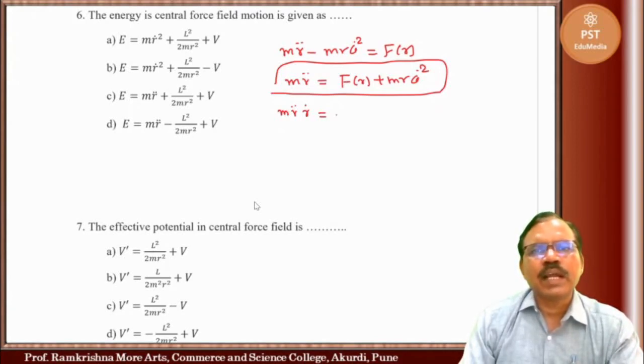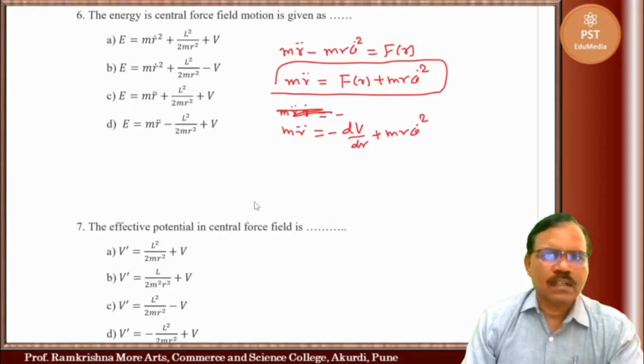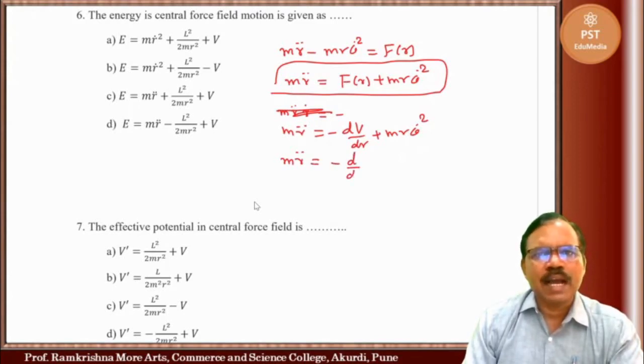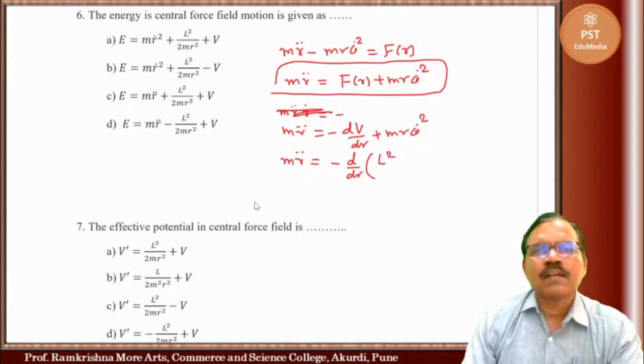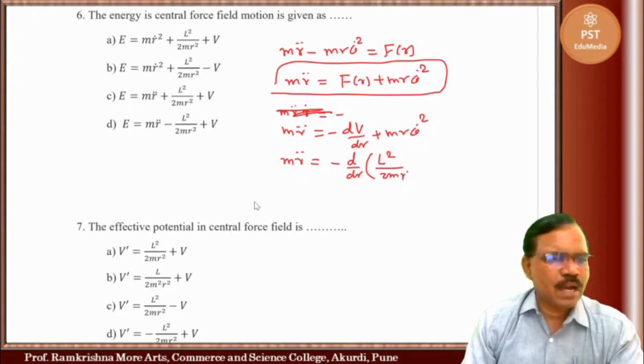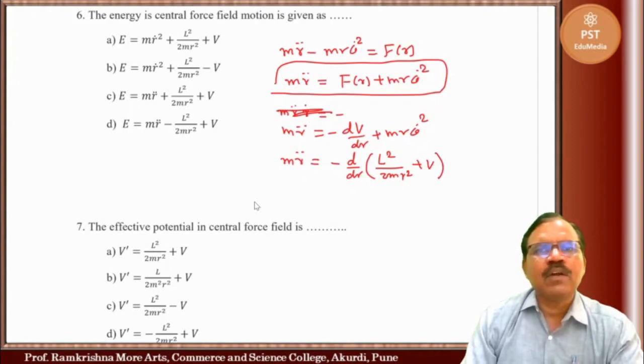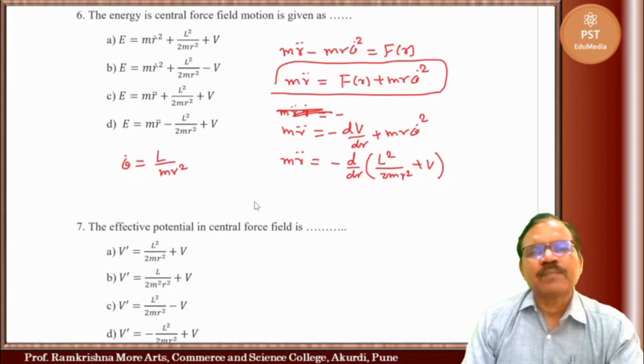now here you can take m r double dot as minus dv by dr, plus m r theta dot square, and then you can write m r double dot is equal to minus d by dr of, now this one, you can write as L square upon 2m r square plus v, because you can put theta dot is equal to L upon m r square.